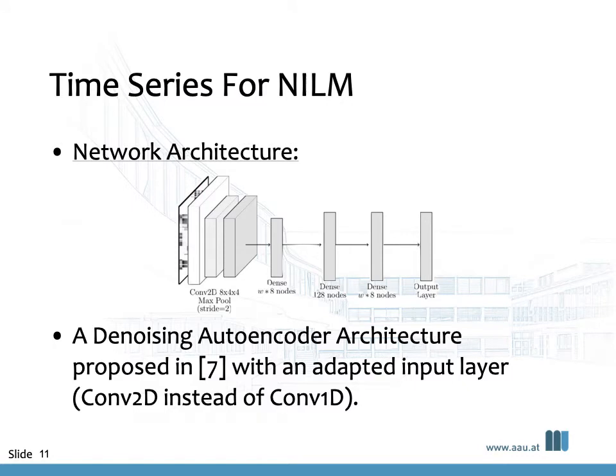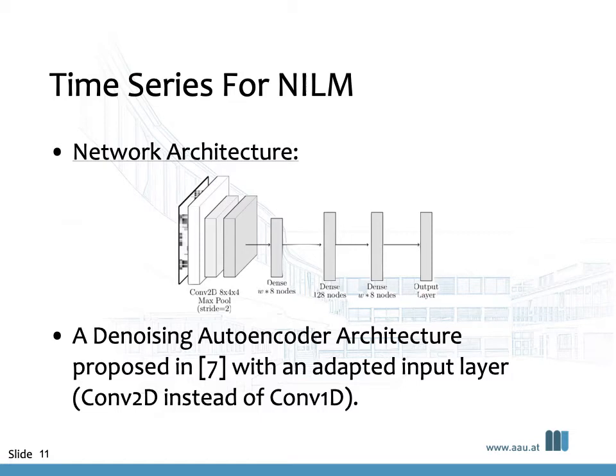So, to have a fair comparison between the one-dimensional pipeline and the two-dimensional pipeline, we adapted the autoencoder architecture already proposed in the literature, and that employs a sequence-to-sequence strategy. The autoencoder first encodes the input to a compact vector representation, and then decodes this representation to reconstruct the target consumption.